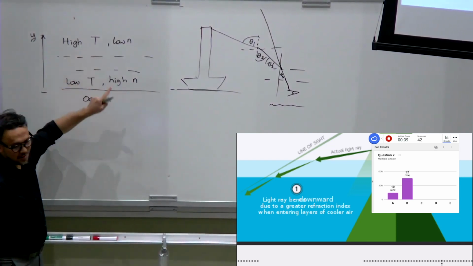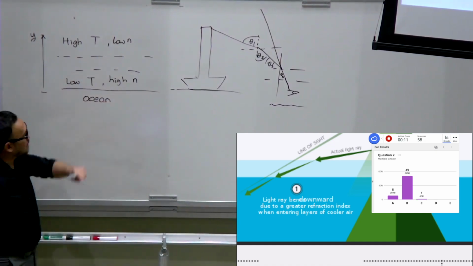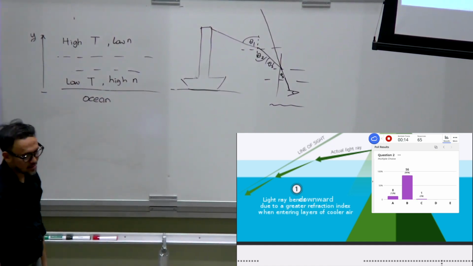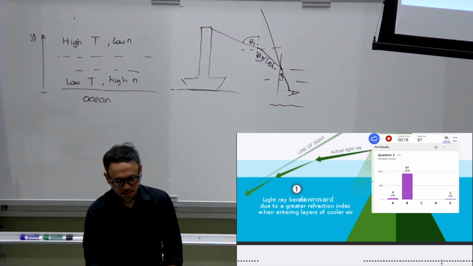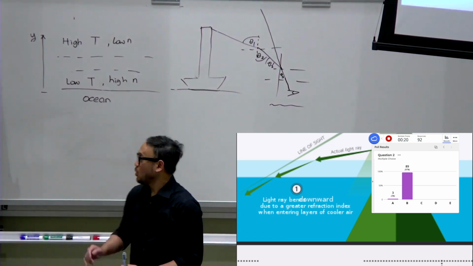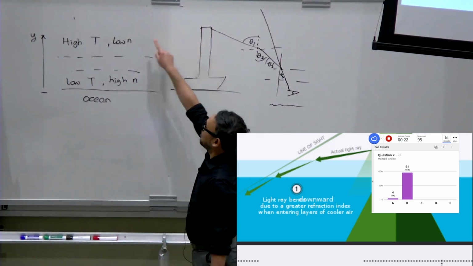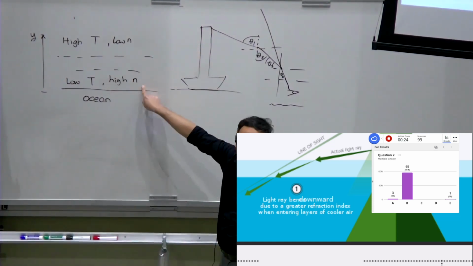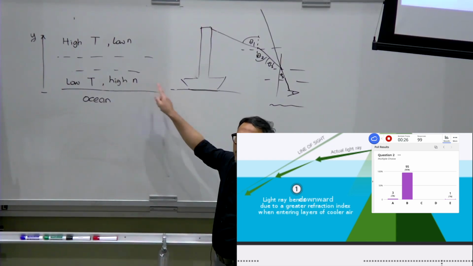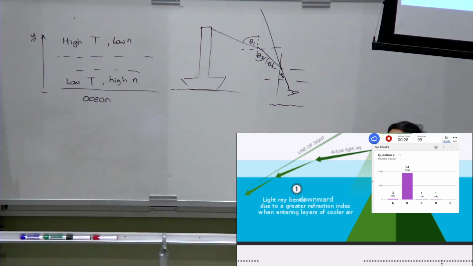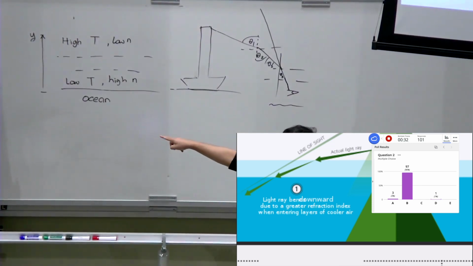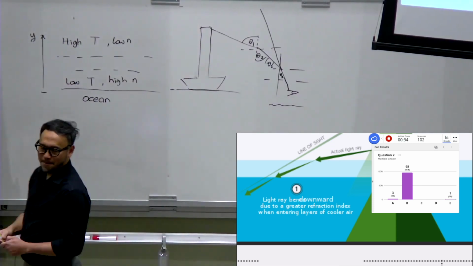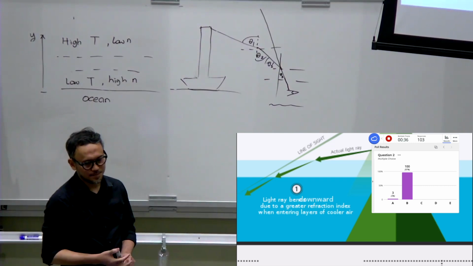Light travels from low refractive index to higher refractive index. Can we have total internal reflection? The answer is right there. Ten more seconds.